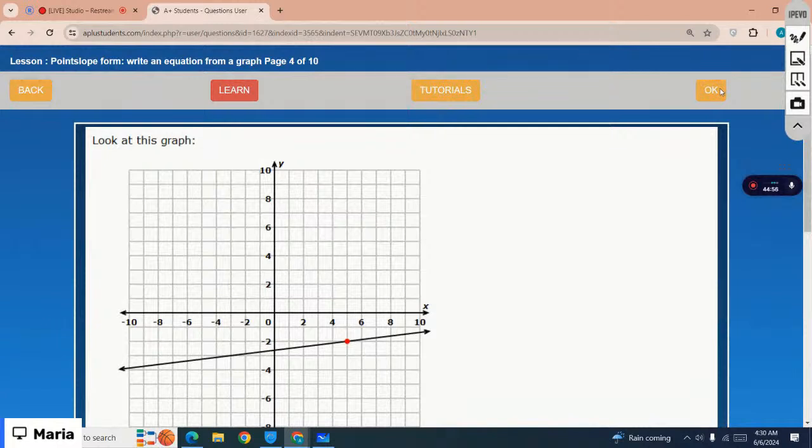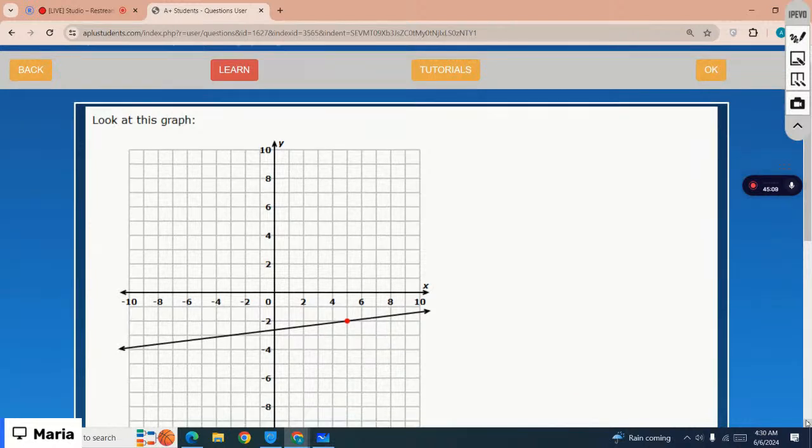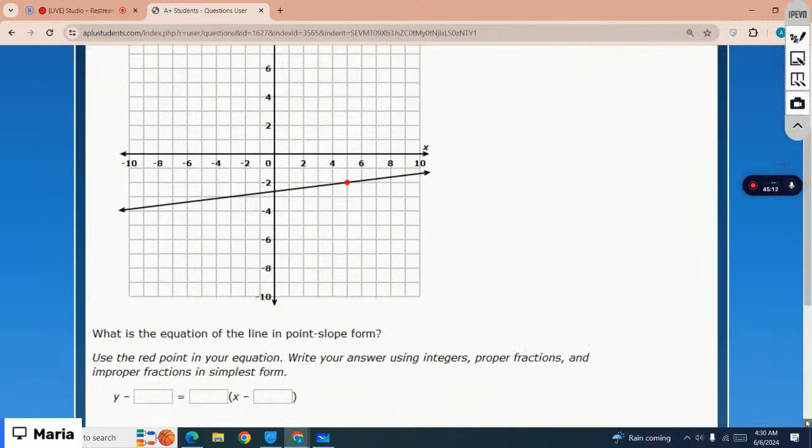Look at this graph. What is the equation of the line in the point slope form?